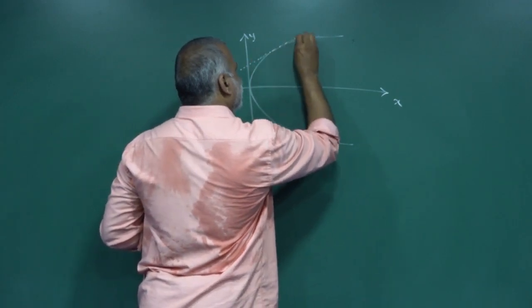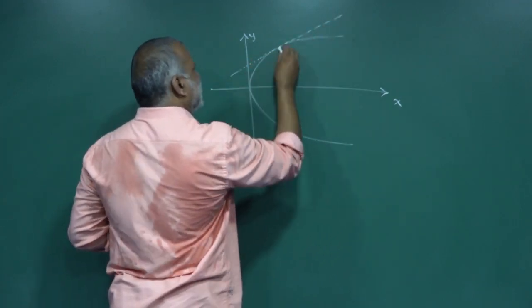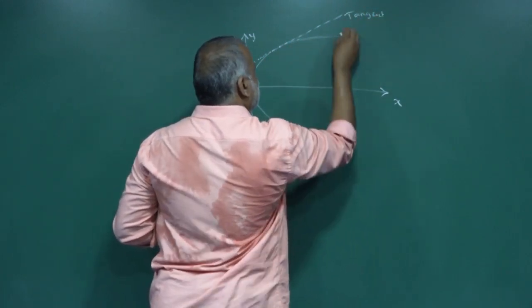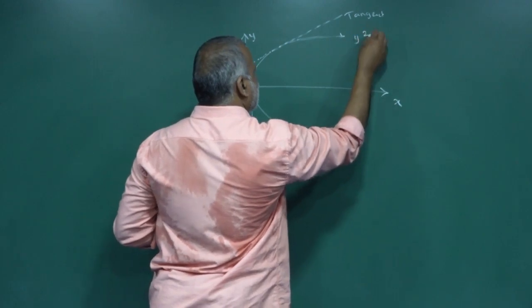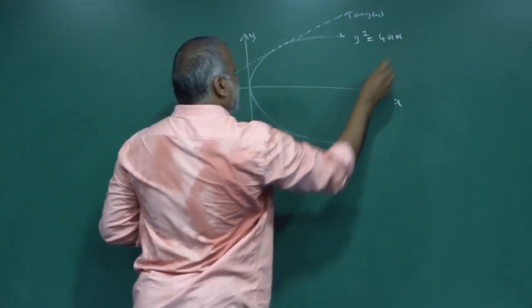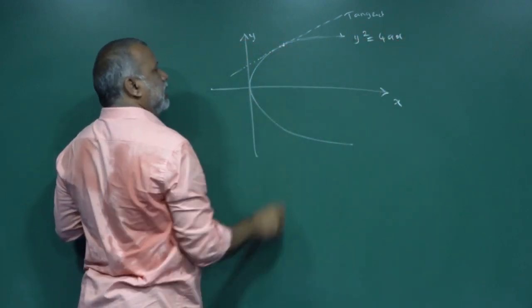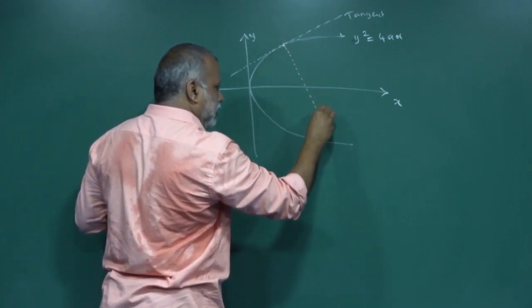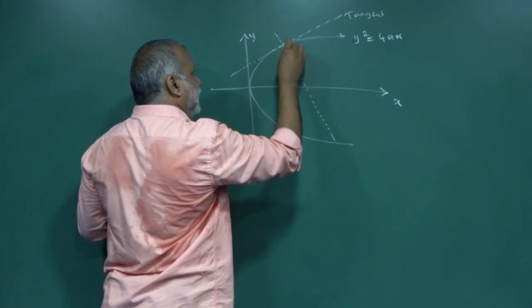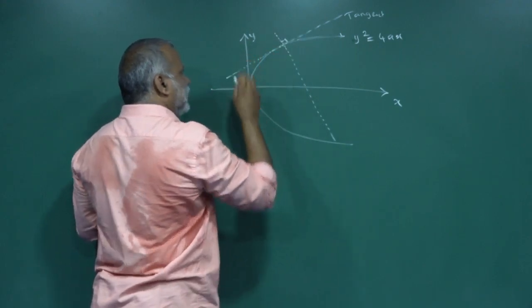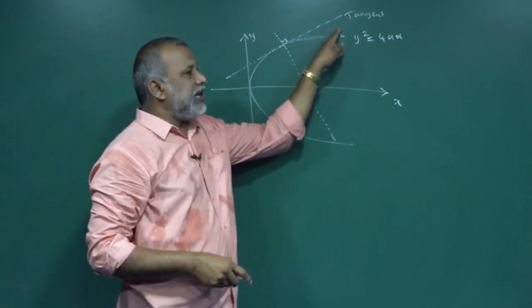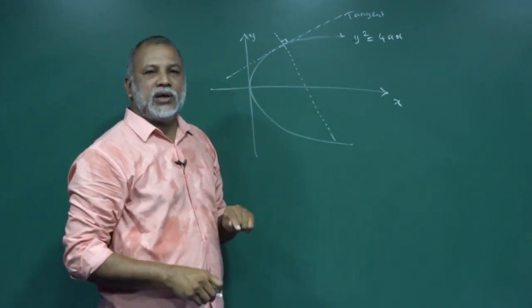Now, first I am drawing a tangent. Then this is the parabola y squared equal to 4ax. Now we are going to draw a normal. Listen carefully. This is the normal, with the already well-known definition: it is a perpendicular line to the tangent at the point of contact.